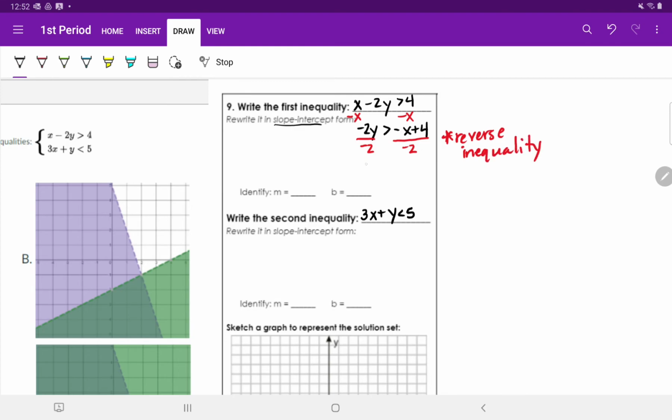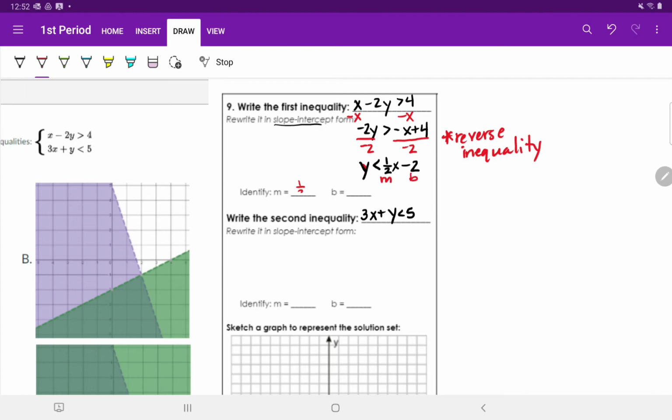So our next line will be y is... reverse the inequality. y is less than positive 1/2 x minus 2. Then it's pretty easy to identify our m and our b.